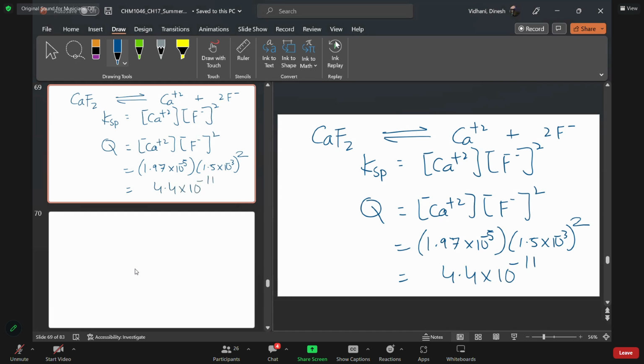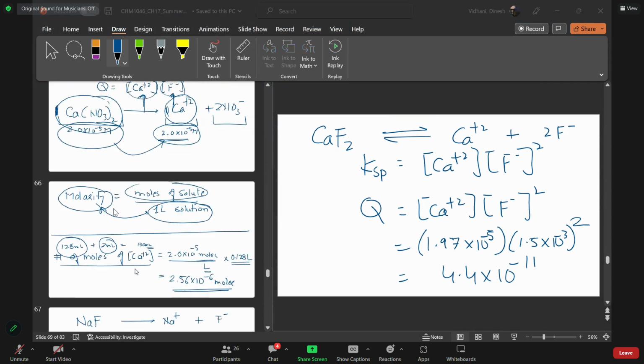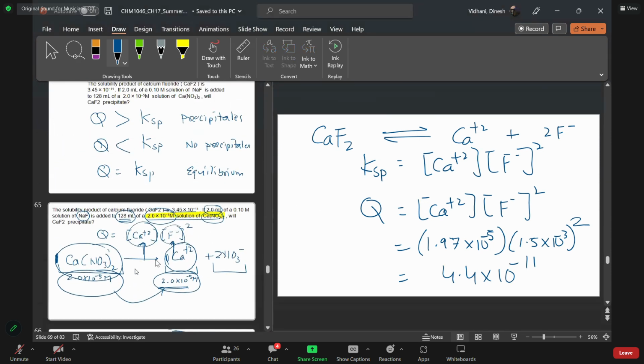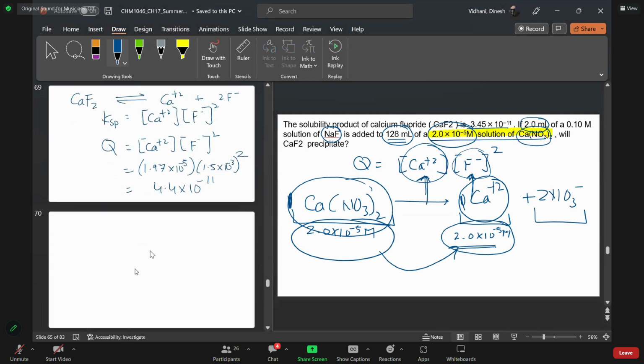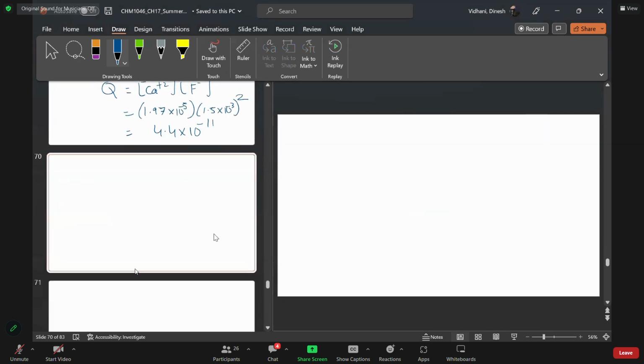Well, we got Q. Are we given KSP? Yes, we are given KSP already. What is KSP? 3.45 times 10 to the power negative 11. So KSP is given to us.